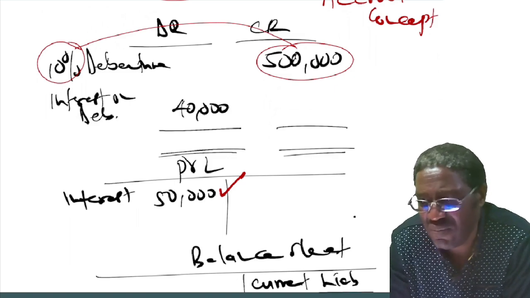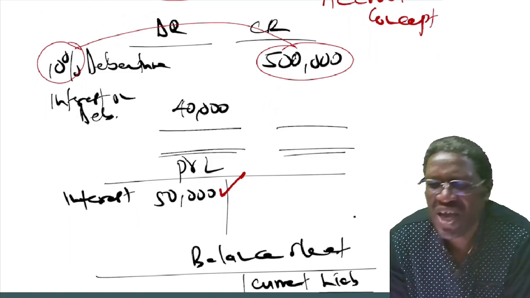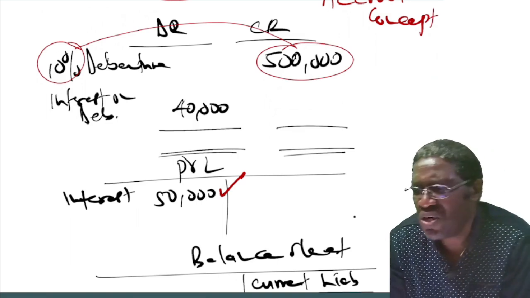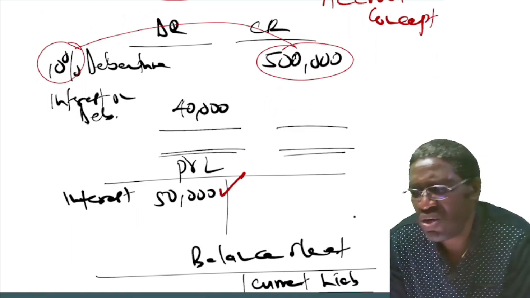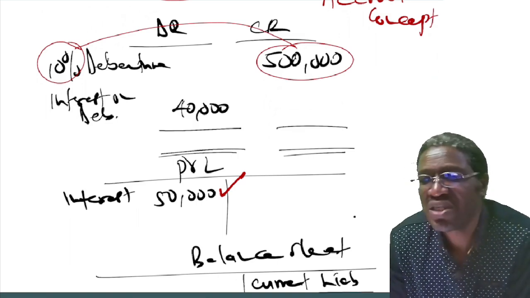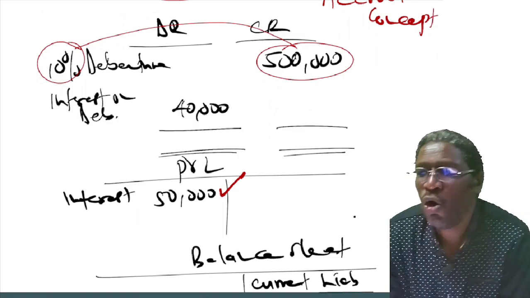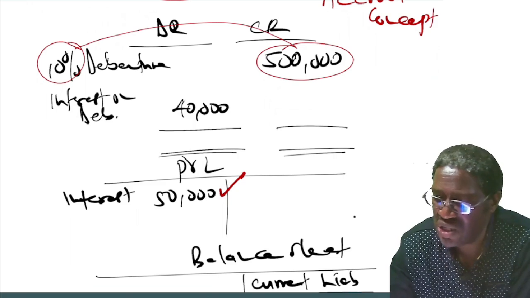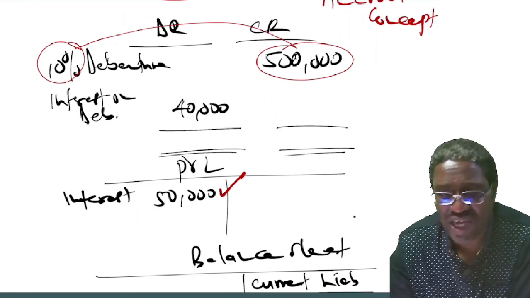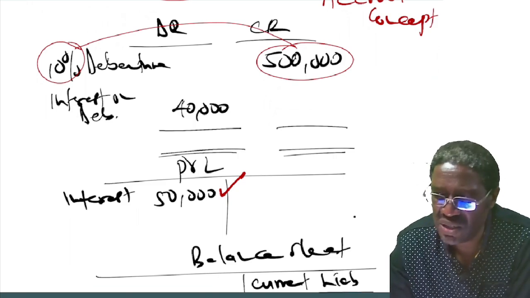It's a long-term liability. Okay? Whether they are calling it debenture, whether they are calling it loan, whether they are calling it a 10% bond, the concept is the same for interest on that loan, or for interest on that debenture, or for interest on that bond. The concept remains the same.